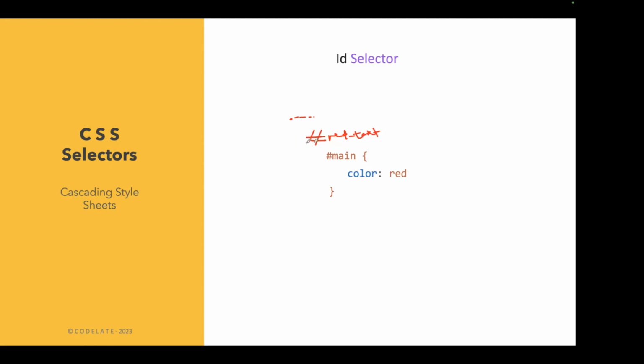You have the hash, no space in between the hash and the text. The same way for the class, no space in between the dot and the text. Okay. So that is the difference between the class and the ID.